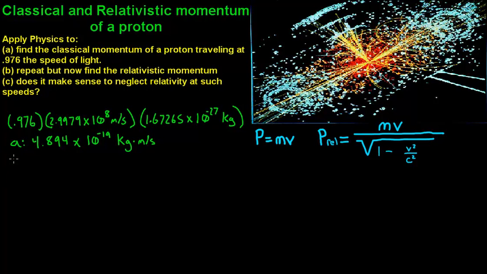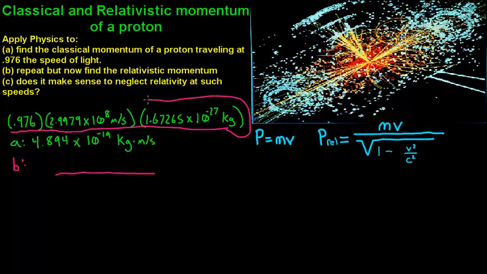Okay, so for part B, it says repeat, but now find the relativistic momentum. So we're going to be using this equation. So you're just going to take the same thing right here. So let's just draw this out. Alright, and you're going to take this whole part, because this is just your mass times velocity, mv, right here. And so you're going to take that, this whole deal, and you're going to stick it up here.